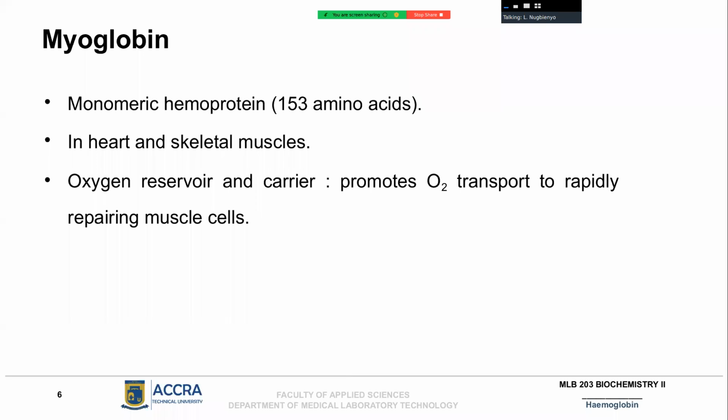Hemoglobin does not store oxygen, but myoglobin has a temporal storage, and it also serves as an intermediary, as we'll soon see, in the transfer of oxygen to the tissues when the hemoglobin carries the oxygen from the lungs to the tissues. In the tissues, myoglobin serves as a temporal intermediary for the transfer of the oxygen to the tissues.